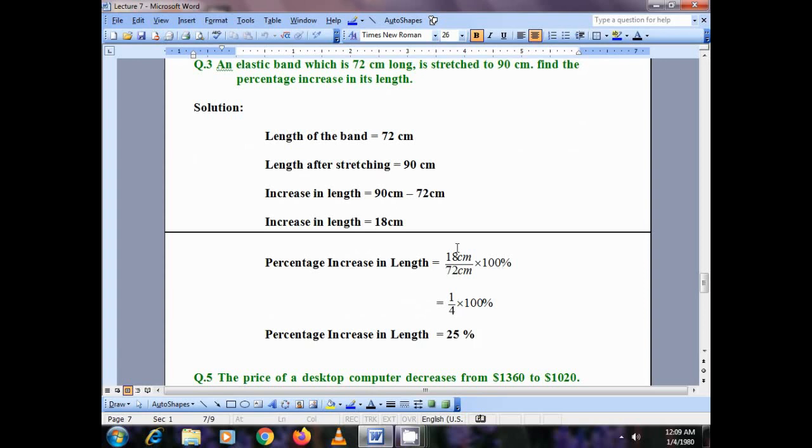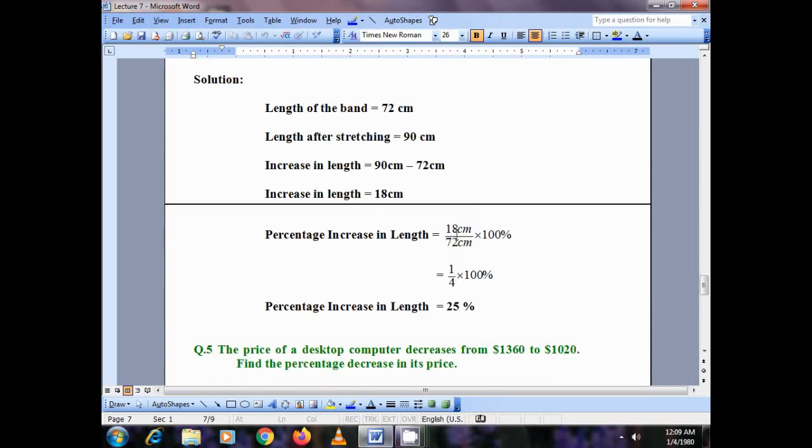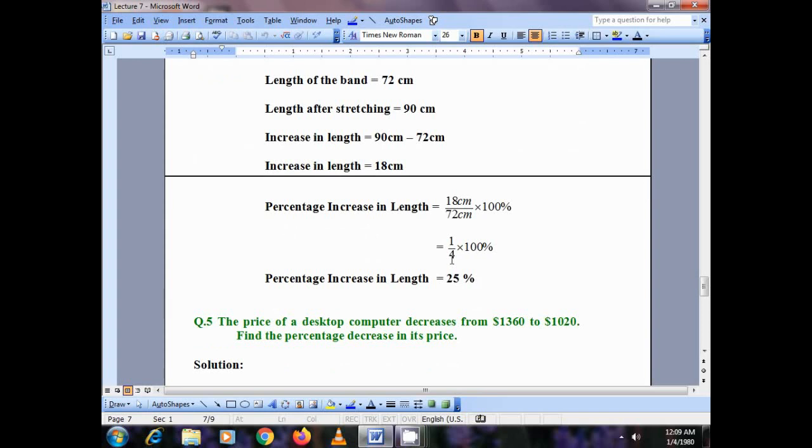Now we know that 72 is a multiple of 18, which means 18 times 1 is 18, 18 times 4 is 72, multiplied by 100%. We can cancel the unit centimeter by centimeter, so we have no unit left. Now we know that 100 is a multiple of 4, which means 4 times 25 is 100.